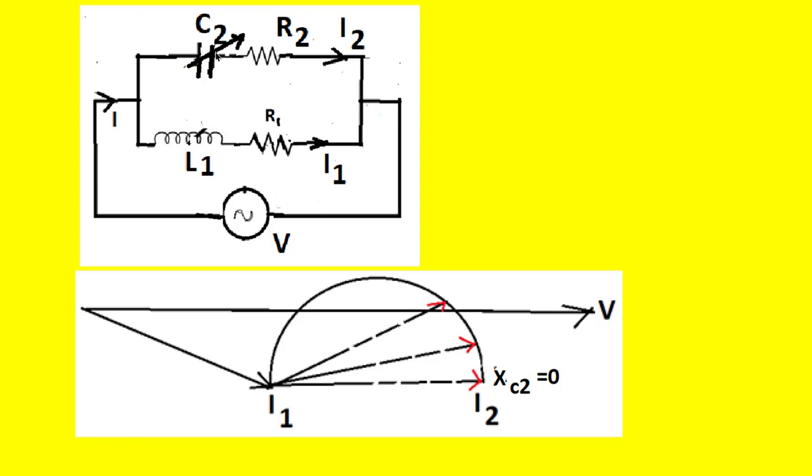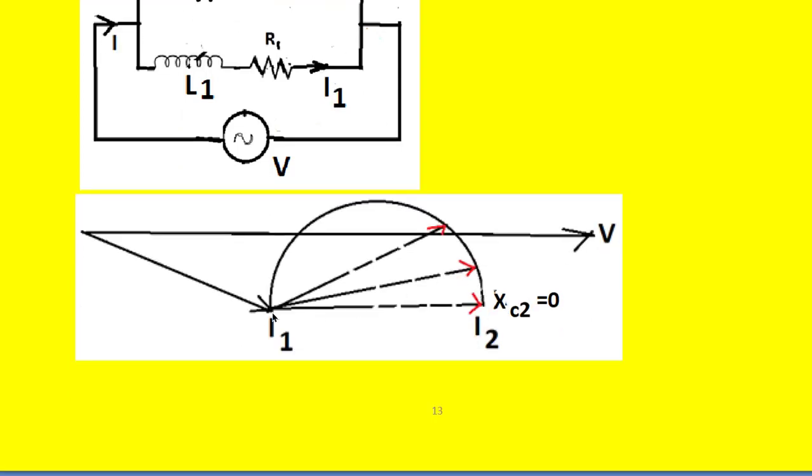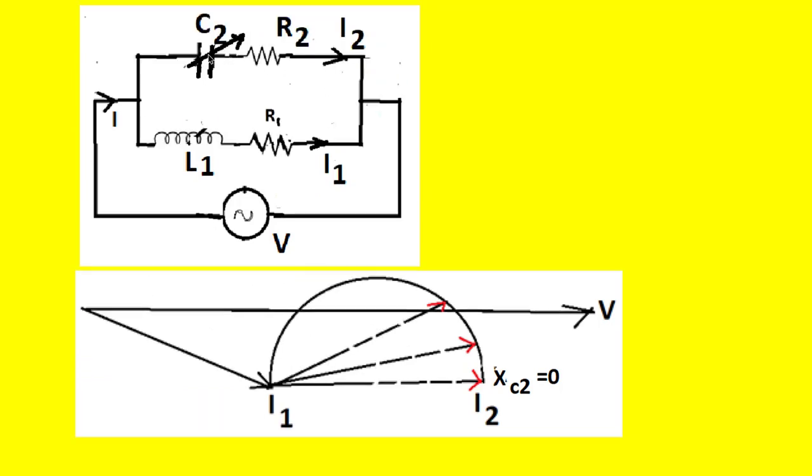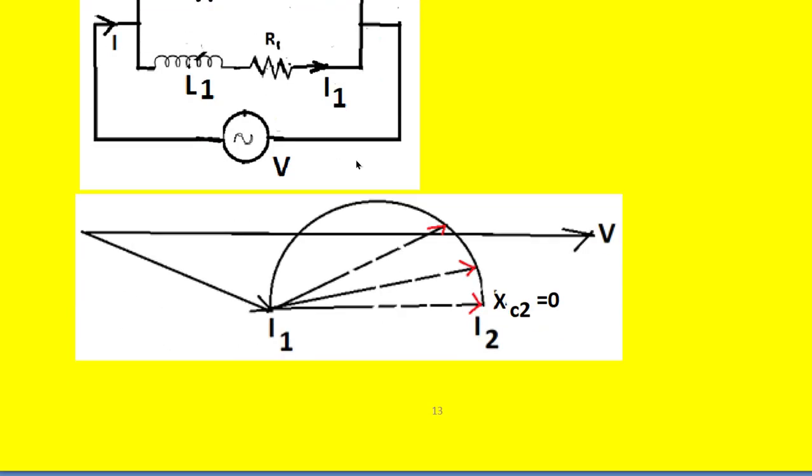When it is a capacitive and resistance branch, the locus, which is in semicircular form, will lead the voltage vector, as we can see here. To draw that, make the capacitive reactance 0. In that case, the current flowing through this branch, that is I2, will be maximum, that is nothing but V by R2. That is what is drawn here.